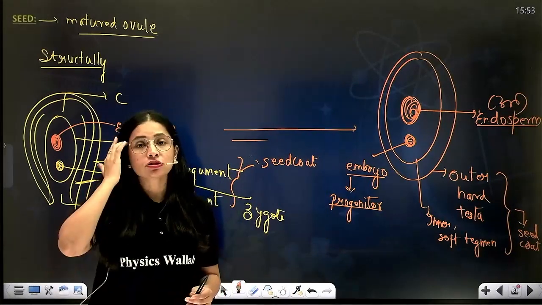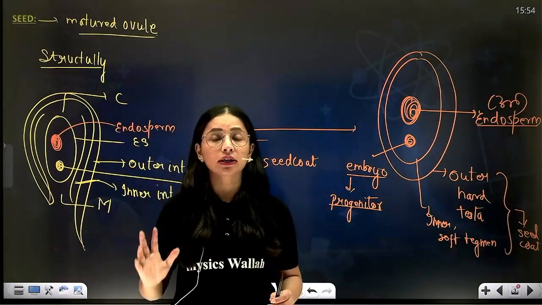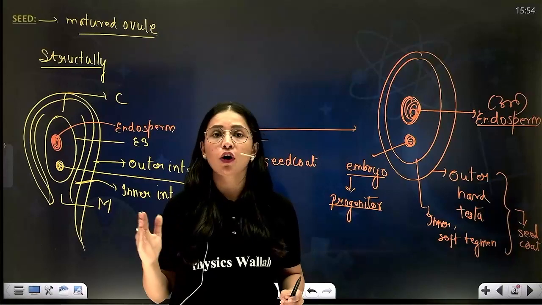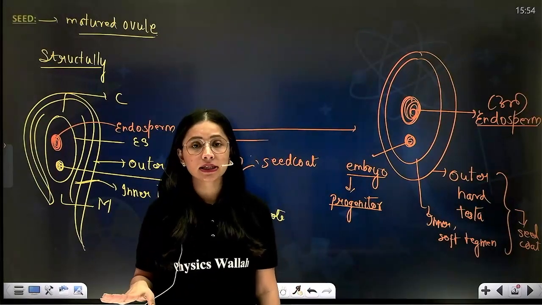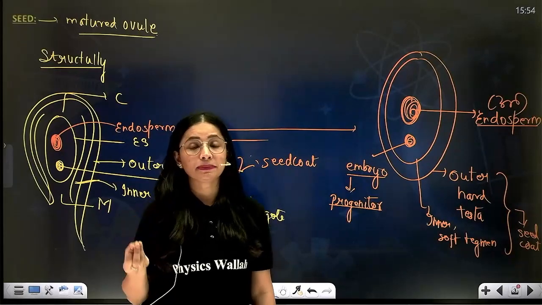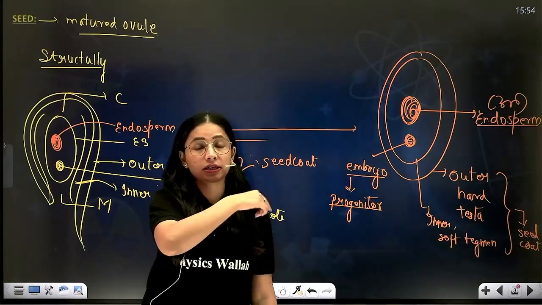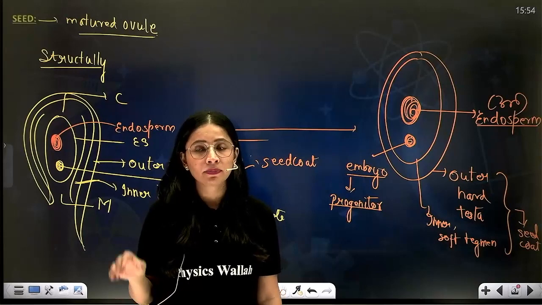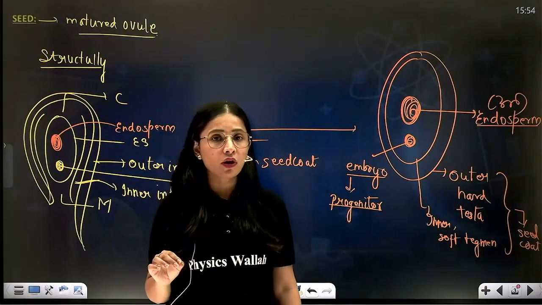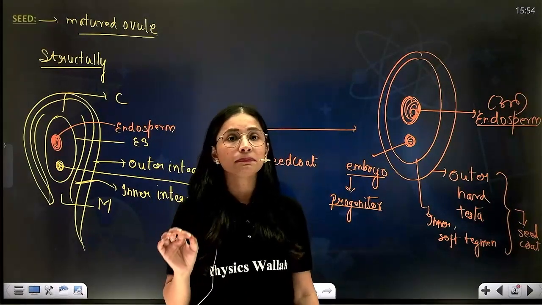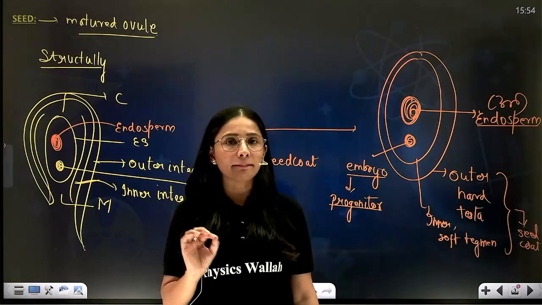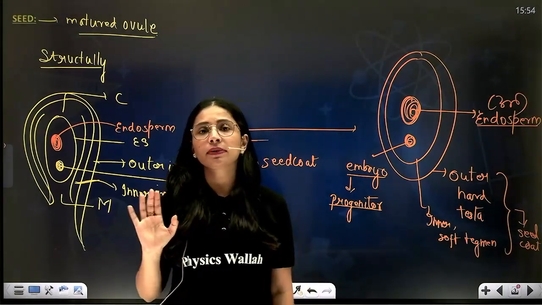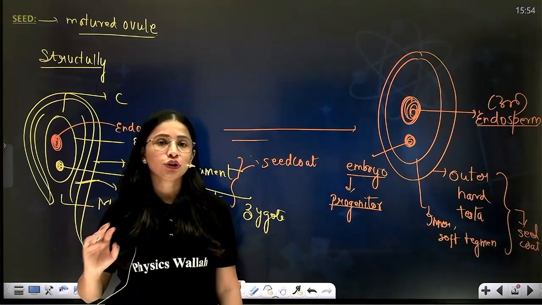However, presence or absence of endosperm is not 100% characteristic of seeds. Dicots, they don't have endosperm persistent in them because the complete endosperm is consumed in embryo formation. However, in monocot seeds, endosperm persists because there in embryo development, the endosperm is not completely utilized.